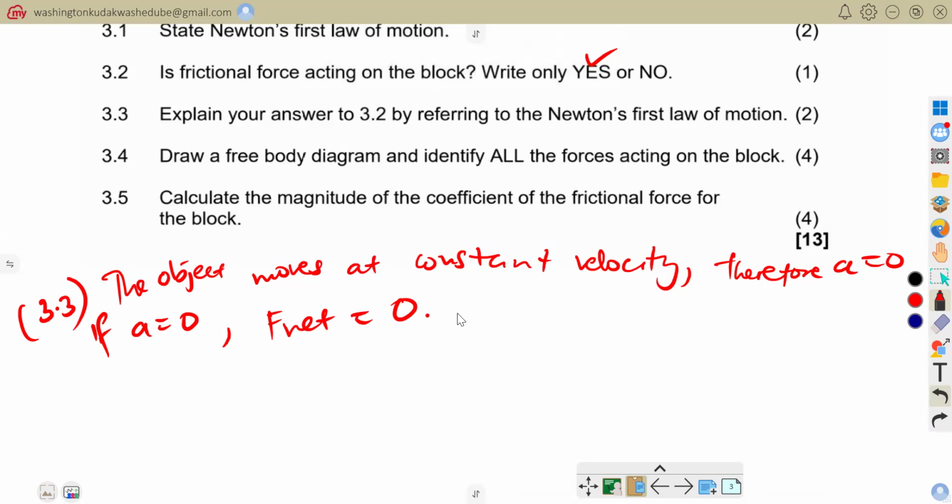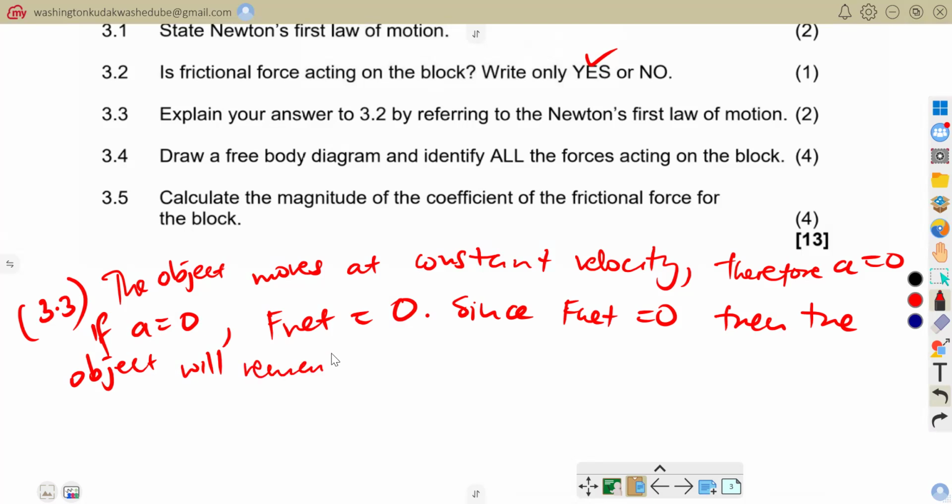Now, since F net is equal to zero, the object will remain at constant state of motion. That is what Newton's first law states.